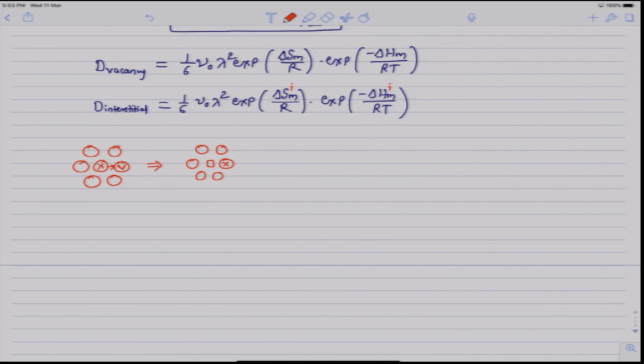These are called correlated jumps. Now, the same vacancy can exchange with atom X multiple times, and such a sequence of jumps of an atom into the same vacancy again and again is called a correlation chain or a correlation sequence.